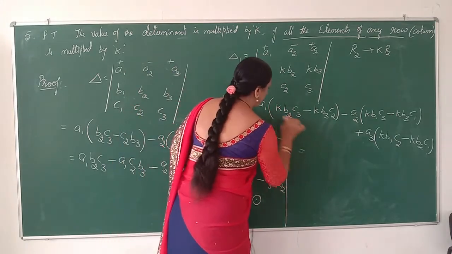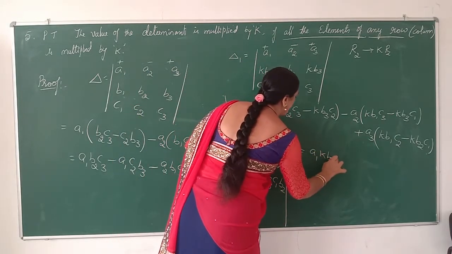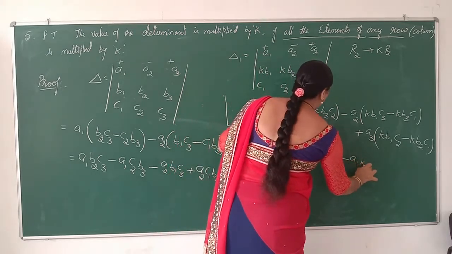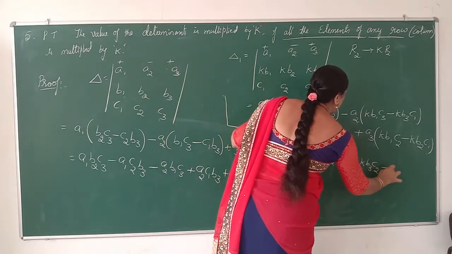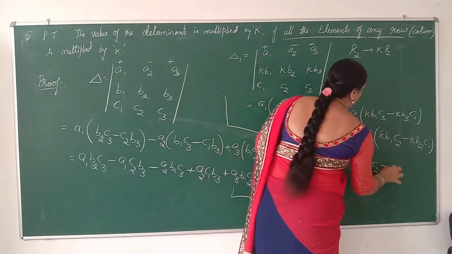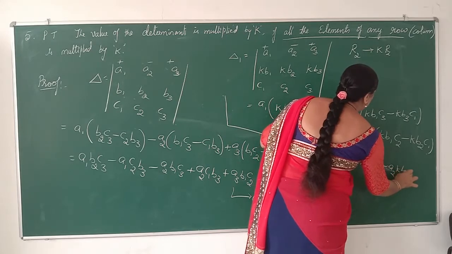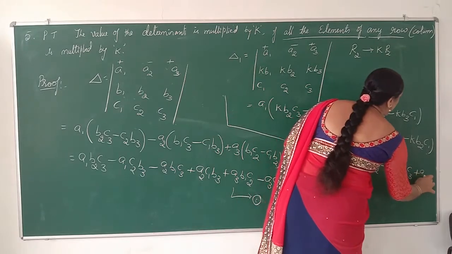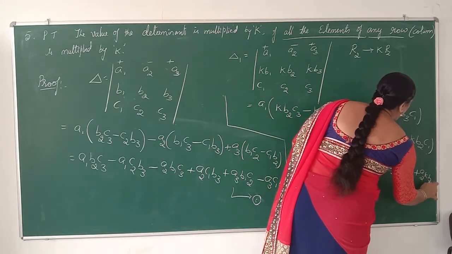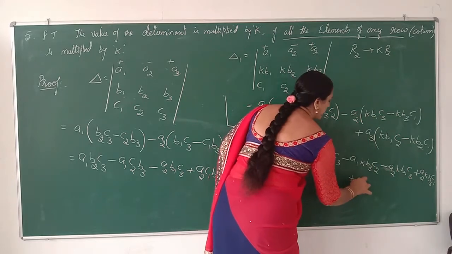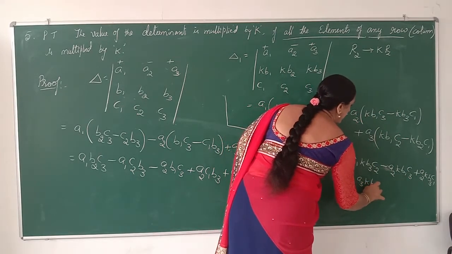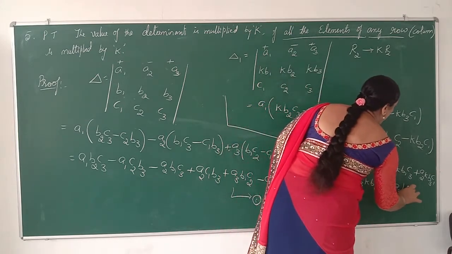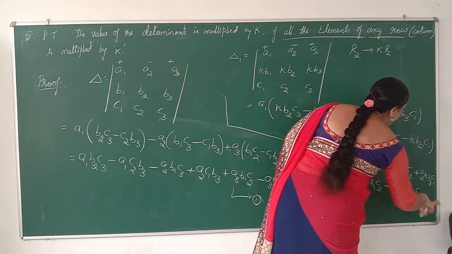After that, distribute: A1 K B2 C3 minus A1 K B3 C2 minus A2 K B1 C3 plus A2 K B3 C1 plus A3 K B1 C2 minus A3 K B2 C1.